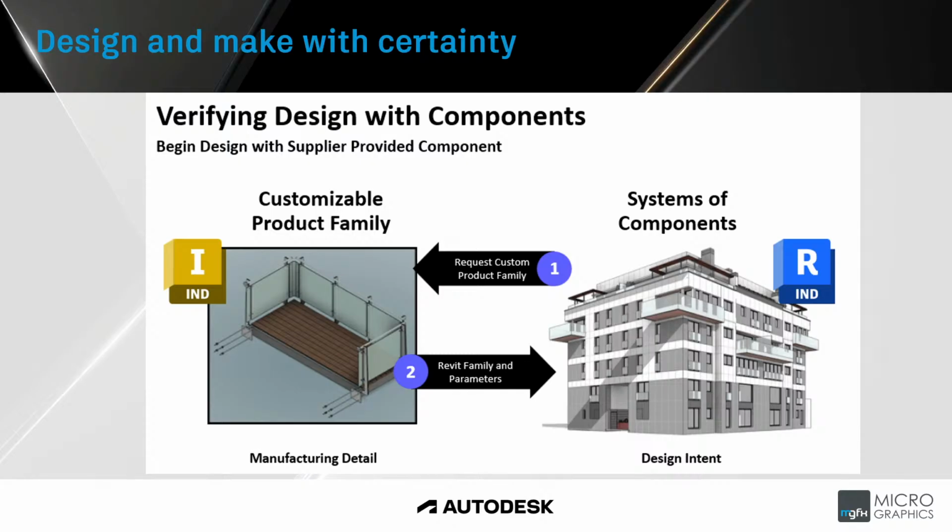You can verify your design with your components. So you'll begin design with a supplier-provided component, a customizable product family within Inventor. You can go and set up all your parameters and your rules. You can take it into Revit, and the architect or the designer from the building can decide which parametric design they would like to utilize in their model.